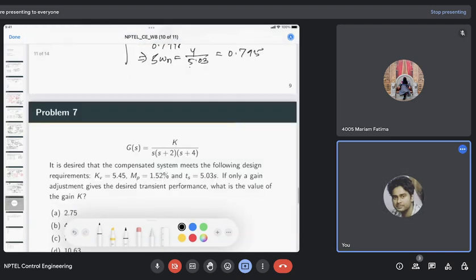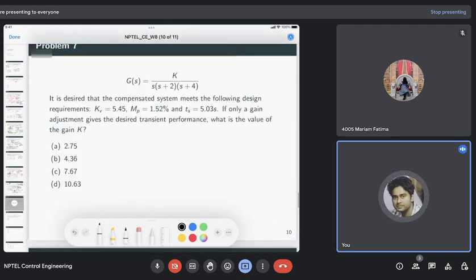Okay. So next, we want to meet this specification for this system. Now we want to find if only through gain adjustment can this transient specification be met. Okay, so for this gain adjustment, what we need is that the magnitude of this compensator and this plant at this dominant point should be 1.